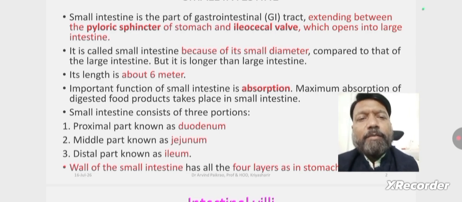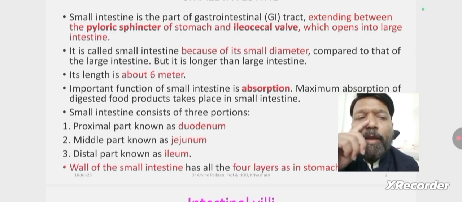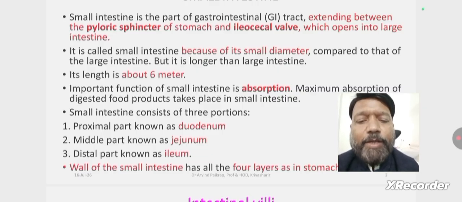Actually, this small intestine we have studied before. It is made up of four layers, from inner to outward. First one is the mucous membrane layer. Second one is the submucosal layer. Third one is the muscular layer, and fourth one is the serosa or adventitia layer.